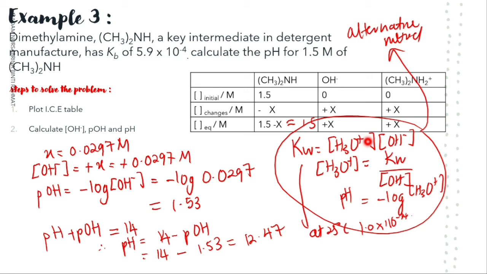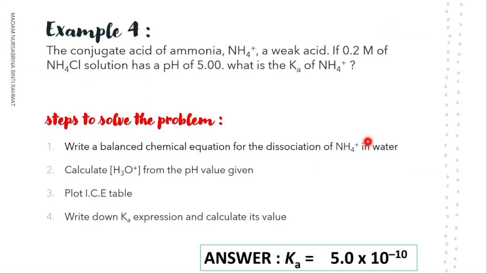So let's try another example. You were given a conjugate acid of ammonia, which is NH4 plus. A conjugate acid is a product of a weak acid or weak base ionizing in water, forming a conjugate acid and conjugate base.